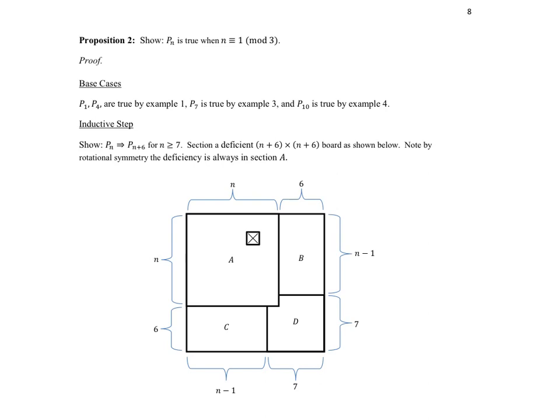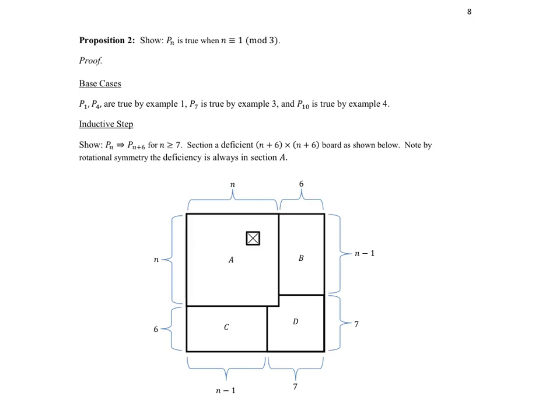Now you might say, well, wait a second, why didn't we just do this right away? We could have done the inductive step and not worried about the 10 by 10 board and just sort of skip some of these base cases. Well, there is one problem. We do need to make sure by symmetry that the deficiency is always in the n by n section, so that P sub n will allow us to solve this particular section.